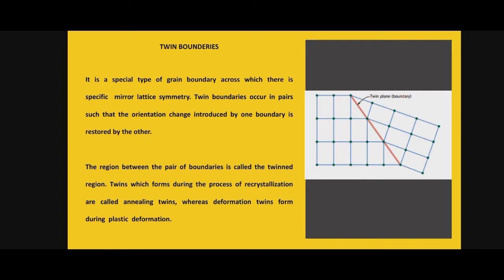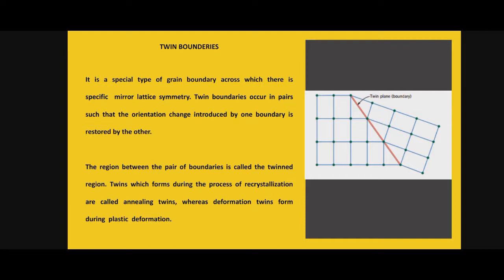Twins which form during the process of recrystallization are called annealing twins, whereas deformation twins form during plastic deformation. As you can see in the picture, the region of material between these boundaries is approximately termed a twin.